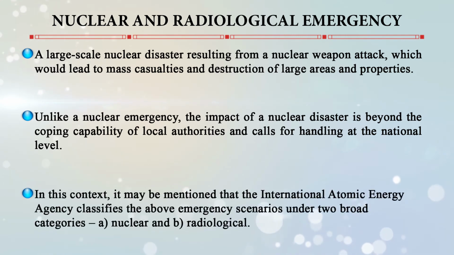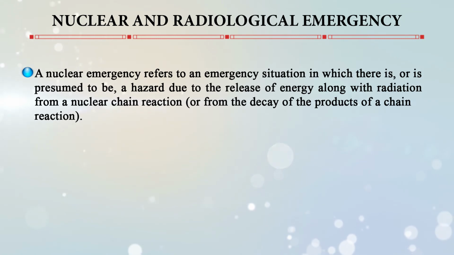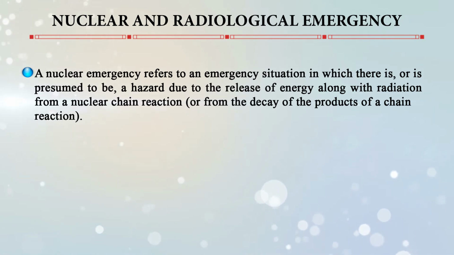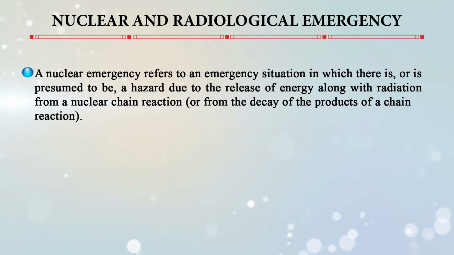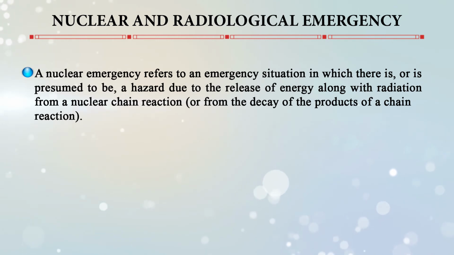In this context, it may be mentioned that the International Atomic Energy Agency classifies the above emergency scenarios in 2 broad categories, that is, nuclear and radiological. A nuclear emergency refers to an emergency in which it is presumed that there is a hazard due to the release of energy along with radiation from a nuclear chain reaction or from the decay of the products of a chain reaction.